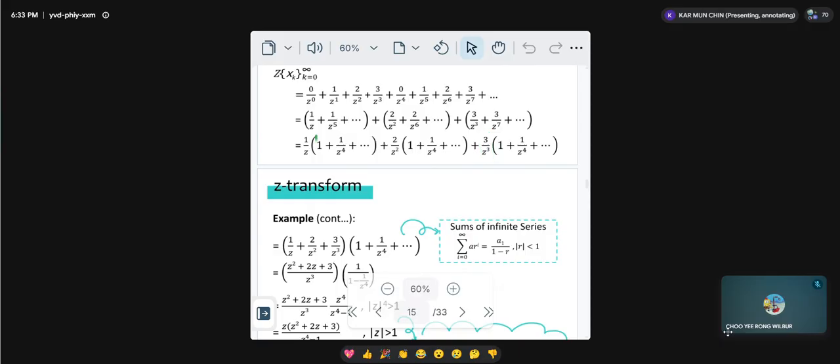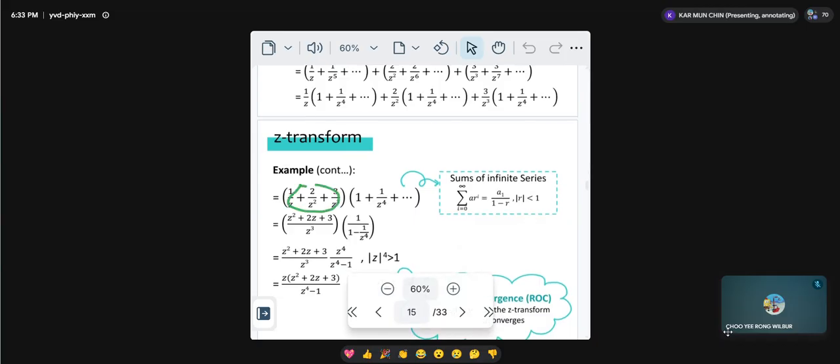Then you find out that this part and this part are the same. So you can put these three terms together, so these three terms multiply by this.